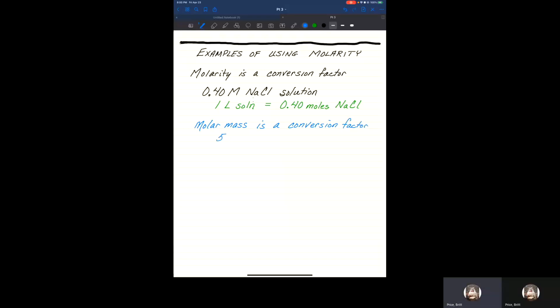So that 58.44 grams per mole. 58.44 grams, something I can measure, is equivalent to 1 mole of NaCl.